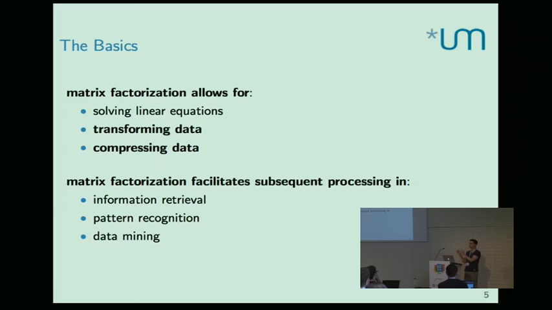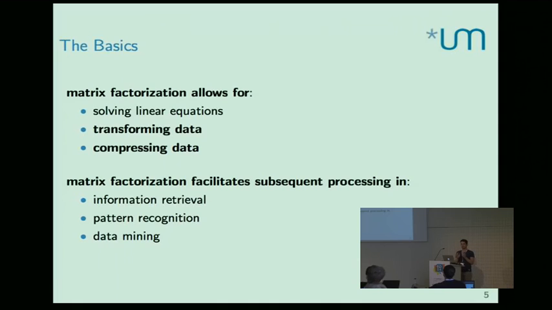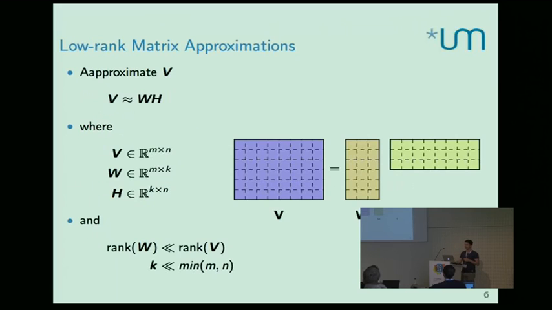So somehow you transform the data, and later I want to talk about what the benefit of this is. And you can also compress data. If the rank of the matrices is lower than the rank of the original matrix, obviously you lose some information, or you compress data. And afterwards, you can always use these factorized matrices for, for example, information retrieval, pattern recognition, data mining. This is really one of the first steps you would always want to do when you're dealing with huge data or a huge data matrix. You usually factorize it first.